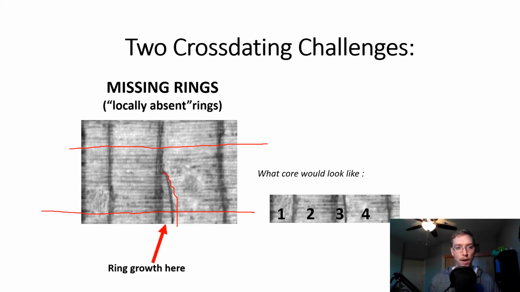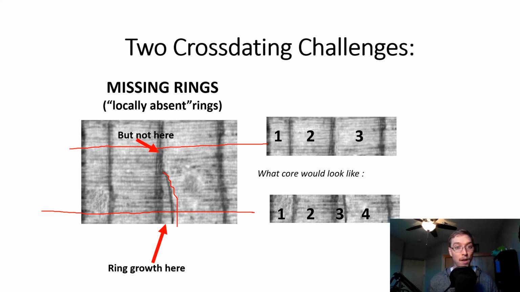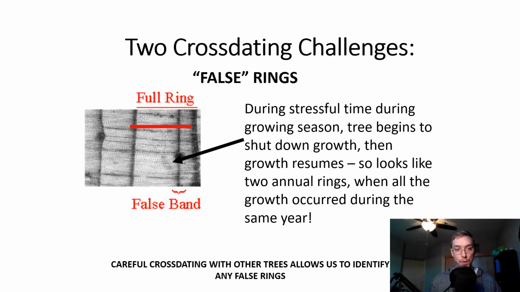Here we count 4 years of growth. Not here. Here we only count 3 years of growth. So missing rings or locally absent rings are a concern or a problem. Here you would need multiple sources of evidence to be able to corroborate how many years this has been growing.